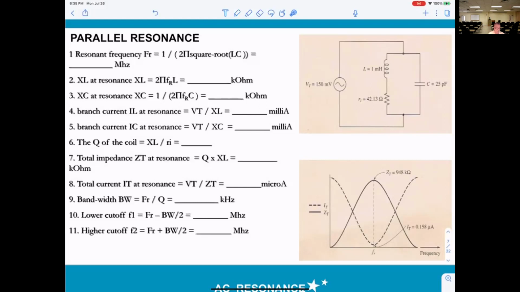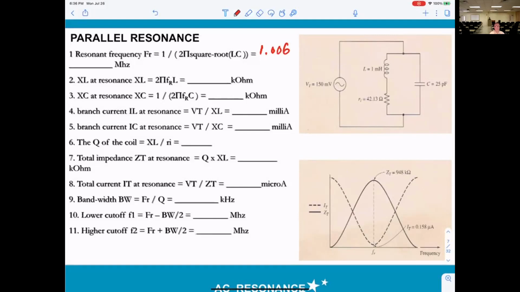Who get the answer? That's what I get. I got the same thing, Mr. Pham, 1.006 megahertz.